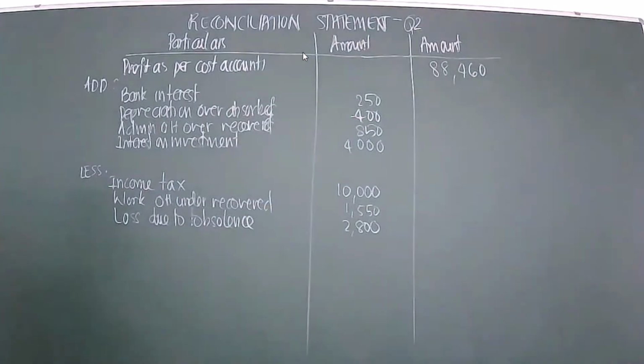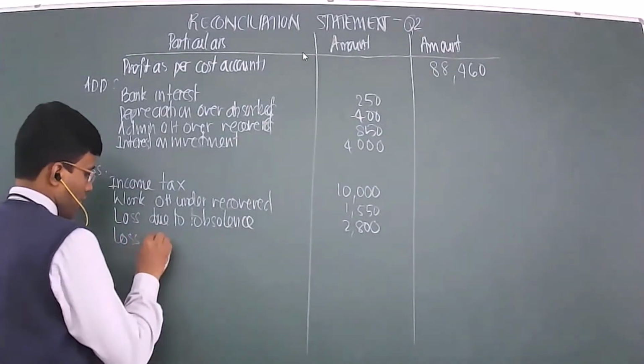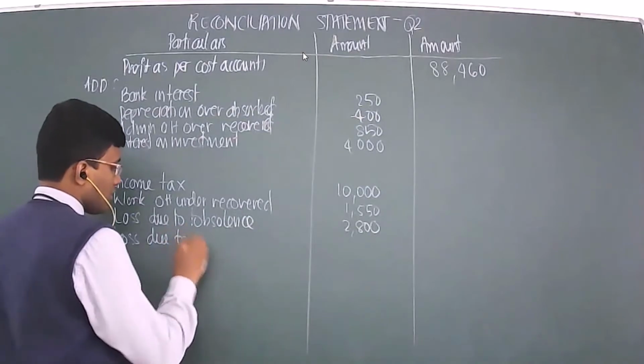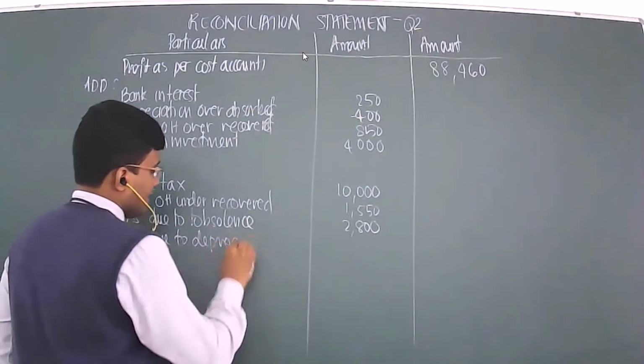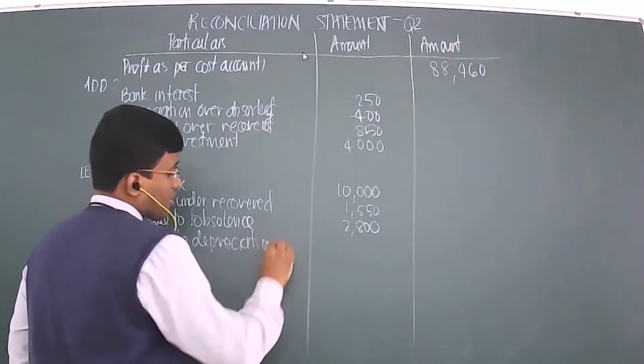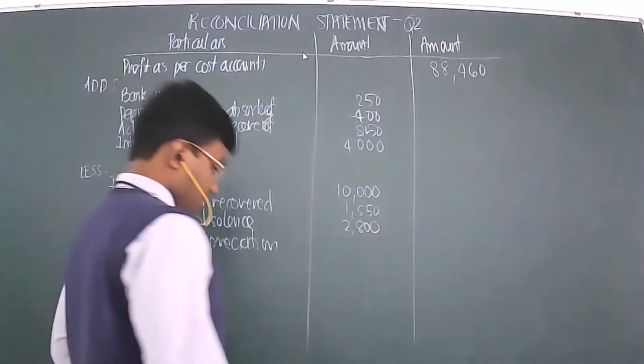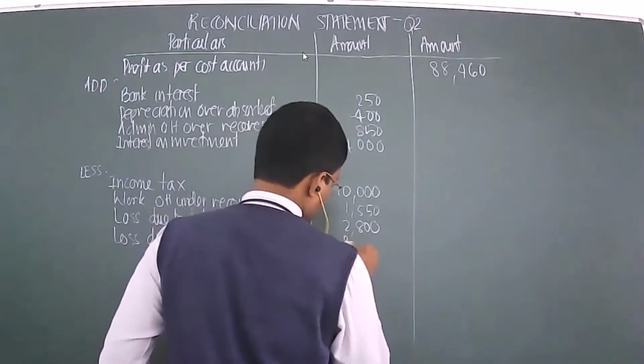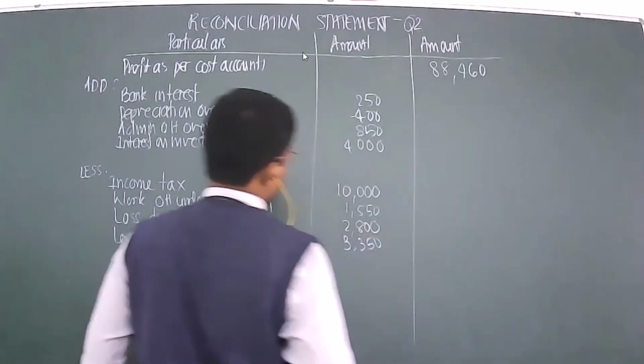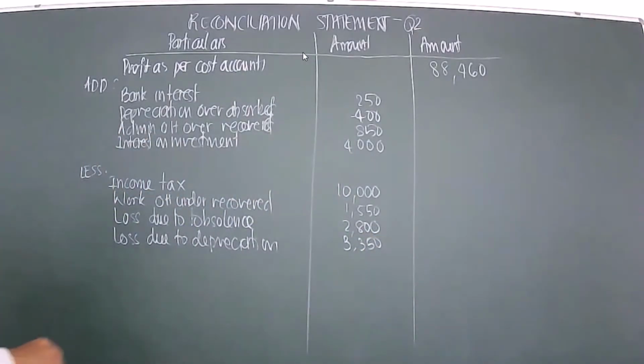And then last, we have loss due to depreciation. That is again a financial expense, and the amount is 3,350.